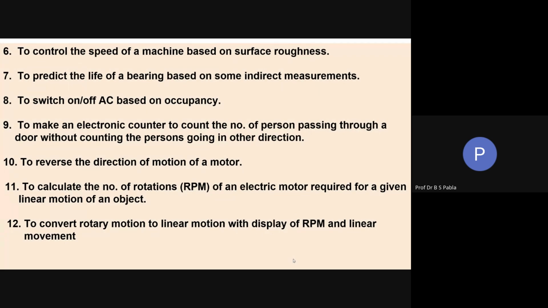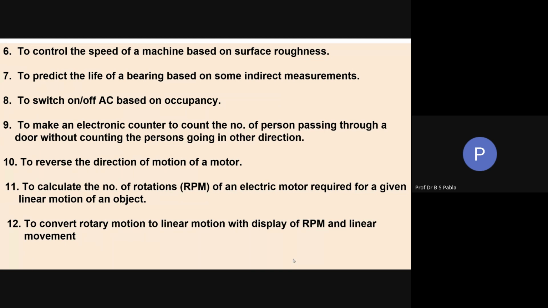To switch on and off an AC based on occupancy. There are ACs, especially in government offices, which are switched on in the morning and are not switched off throughout the day. What I want is that you should have a system. Can we design a system which can scan the room?